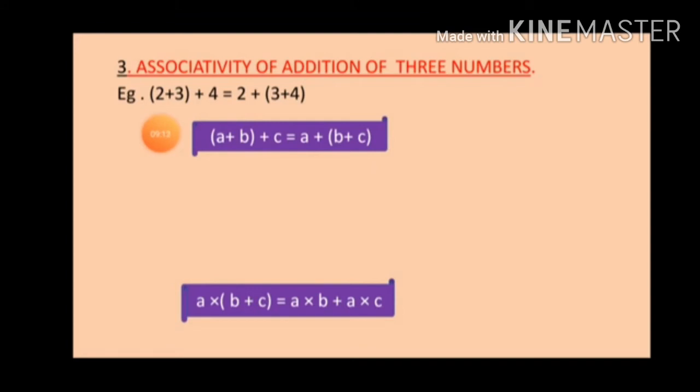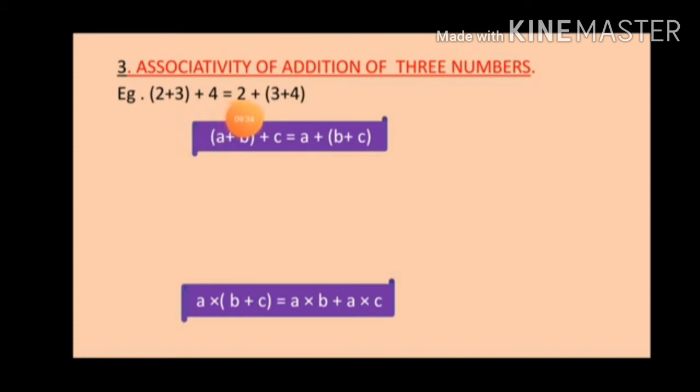By taking the sum of 2 and 3, you can see that we get 5. Then after getting the sum of the first two numbers, we will add the third number also. When we add 5 with 4, we get 9 on the left hand side.